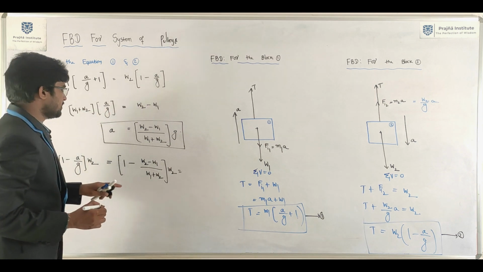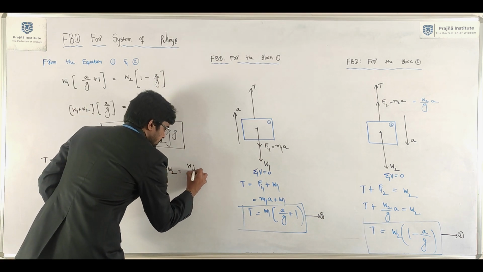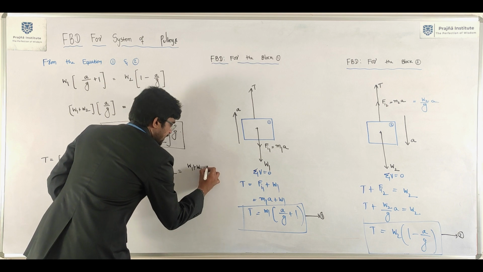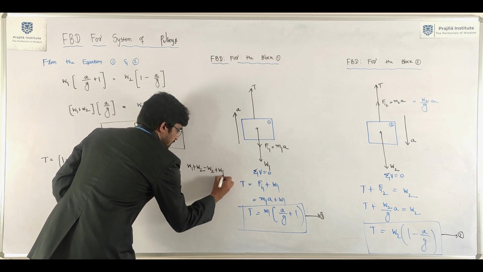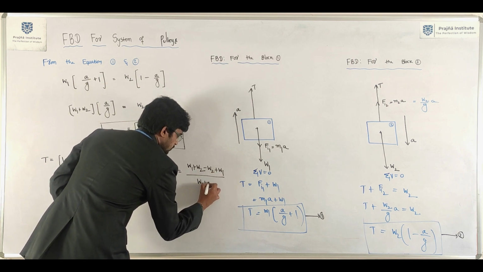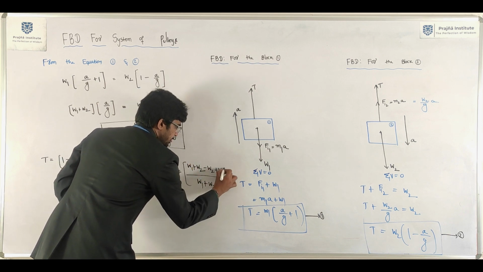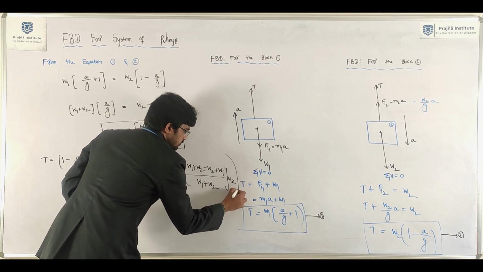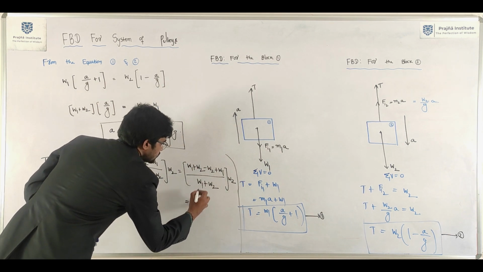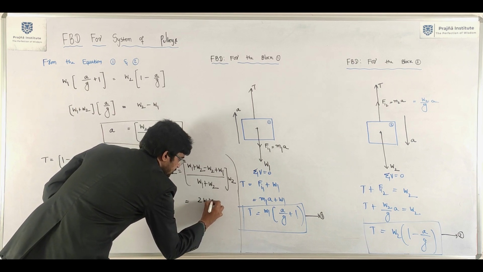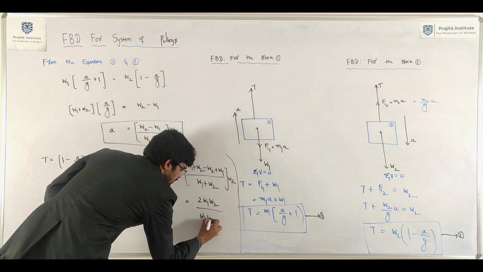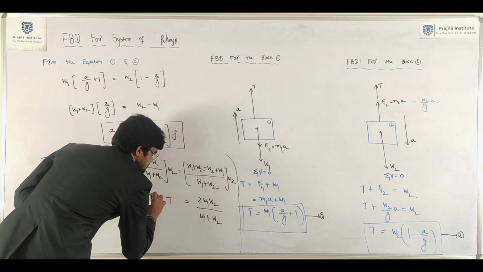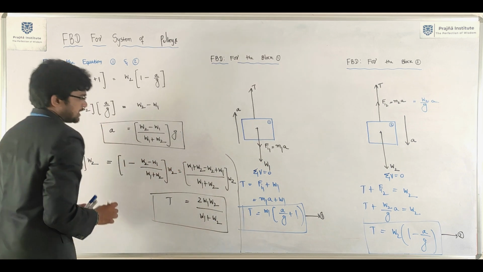Here, what will you get? Finally, T equals 2W1 W2 by (W1 plus W2). This is the tension in the string.